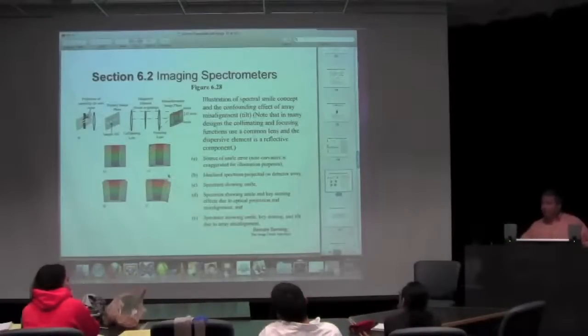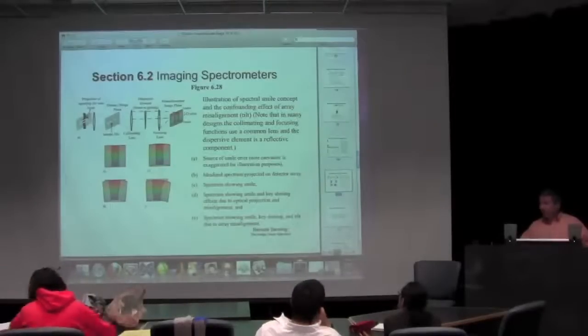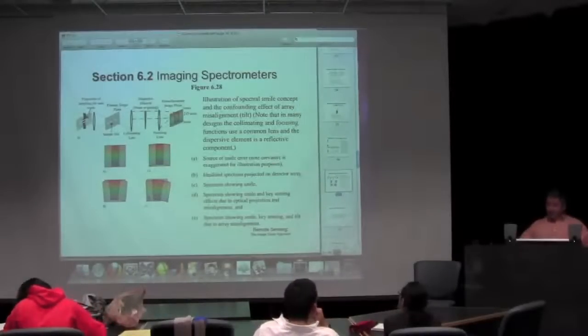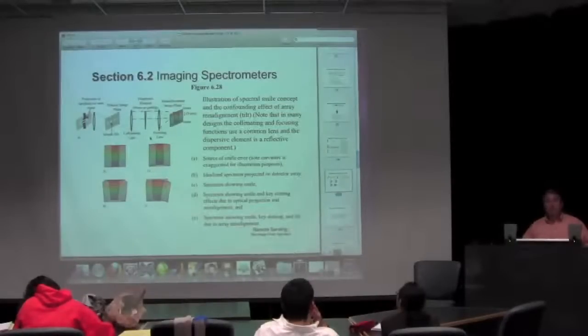Okay? A lot of times what folks will do is rather than try to correct it, they'll bin spectral bands together to sort of smear it out. So imagine you collected a 256 by 256 array, let's say. So you have 256 pixels across, 256 spectral bands in this direction. If your problem didn't really require 256 spectral bands, but you can get away with, let's see, 256 divided by 3, 80 something.